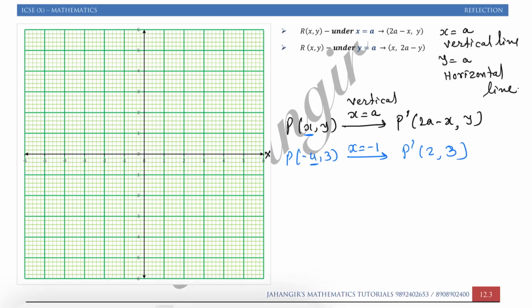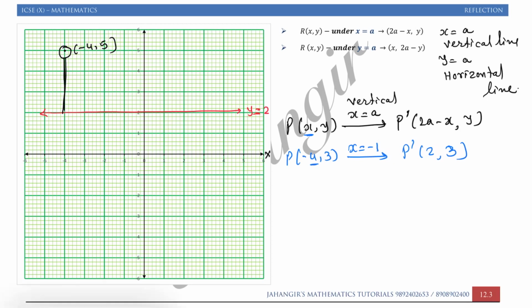Now I will take a point. Let's say my mirror line is y equal to 2. Y equal to 2, and I can take any point. I can take -4, you can take any point. Now I have to reflect in this mirror line.